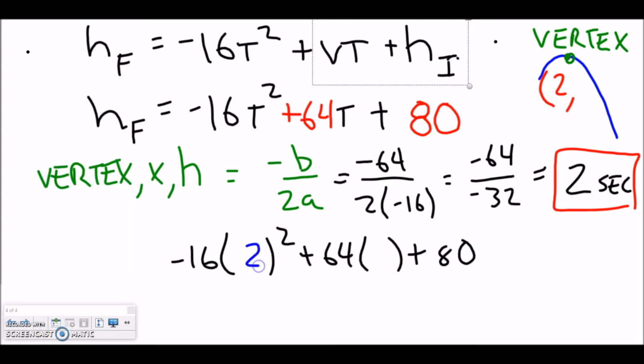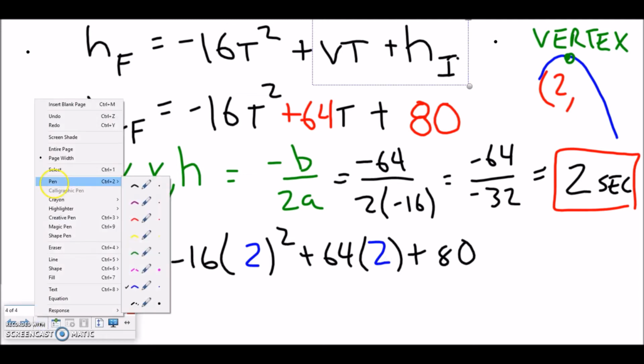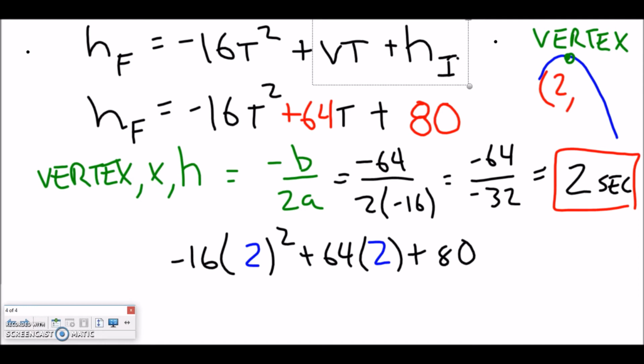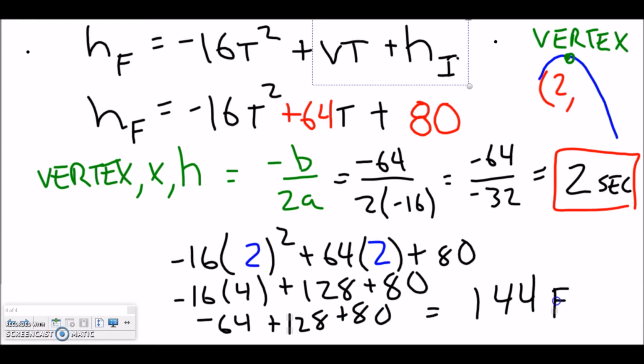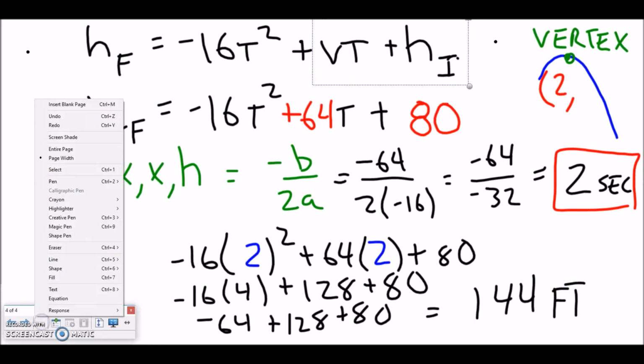We said it takes 2 seconds to reach its maximum height, and that's like negative 16 times 4 plus 128 plus 80. That's like negative 64 plus 128 plus 80, or 144 feet. Excellent.